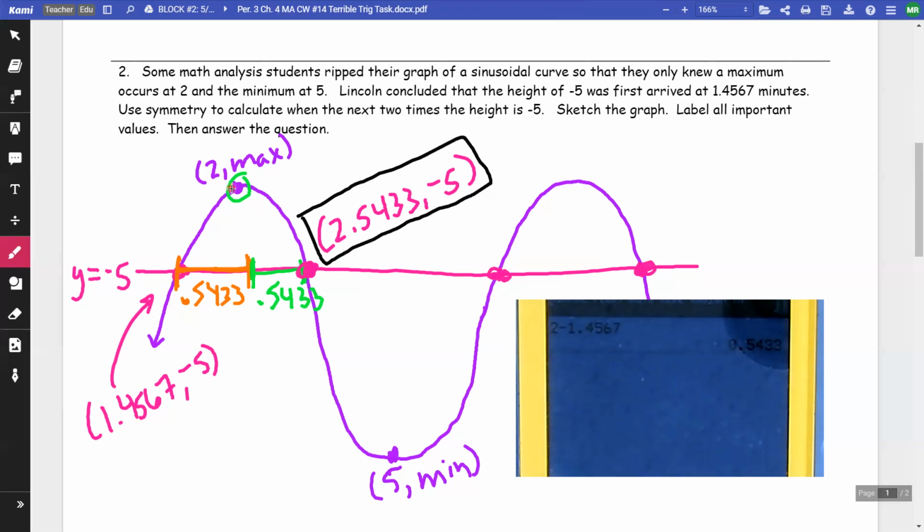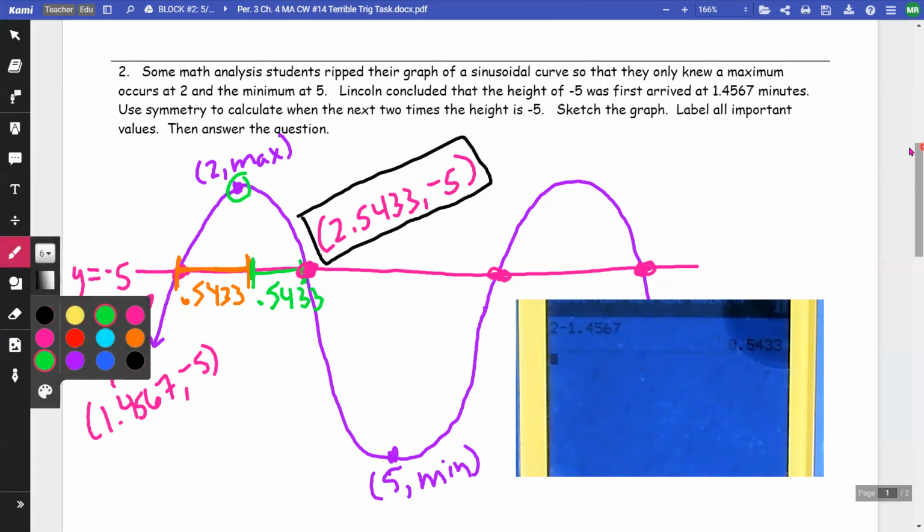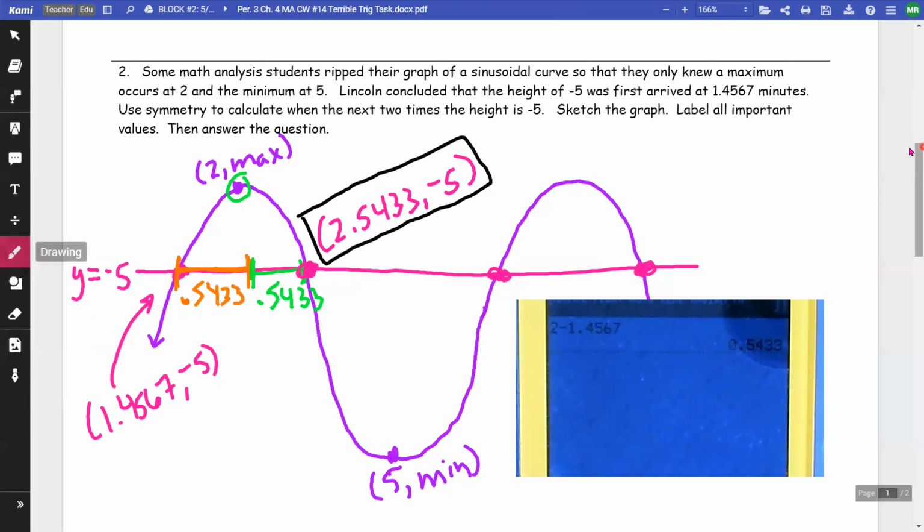I know from this low, this high to this low, the distance across is 3. Okay, so I know that the distance from here to here, that this distance is 3, because I'm at 2 for my max in terms of my x, and then I'm at 5.